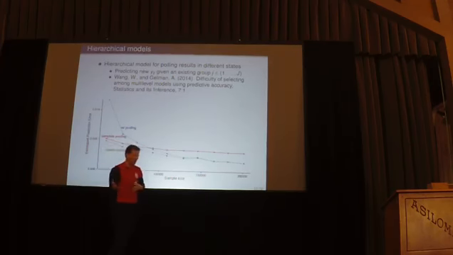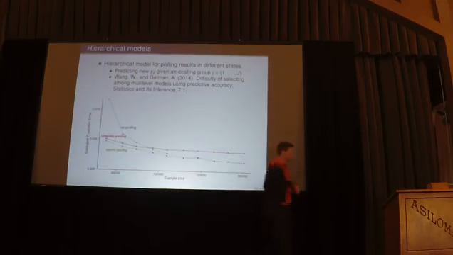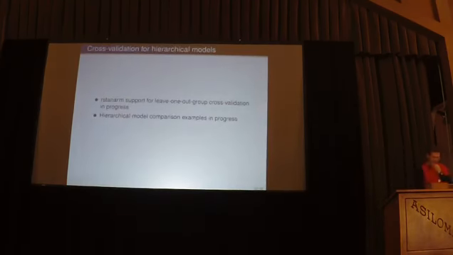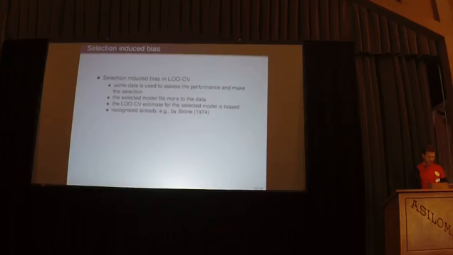But if you would leave the whole group out, you would see something different, as was also shown in Wednesday's talk. We are adding to the loo package so that we get better support for hierarchical model cross-validation, and adding examples as well. Okay, I seem to be running out of time.